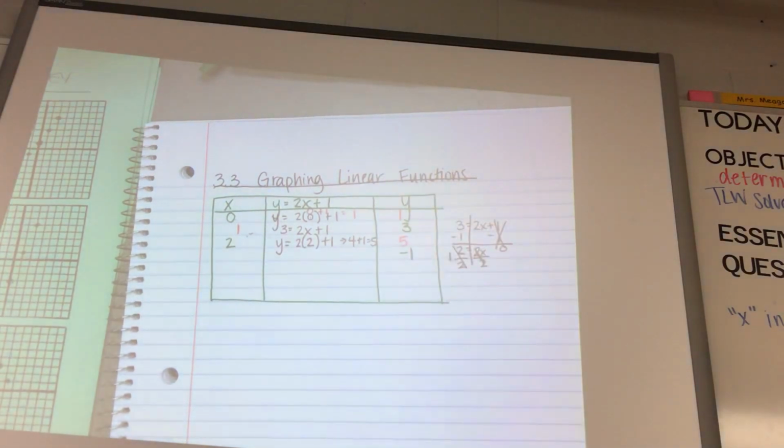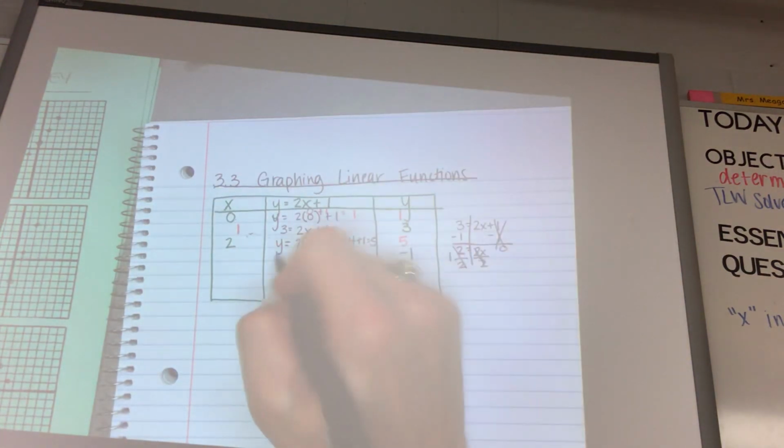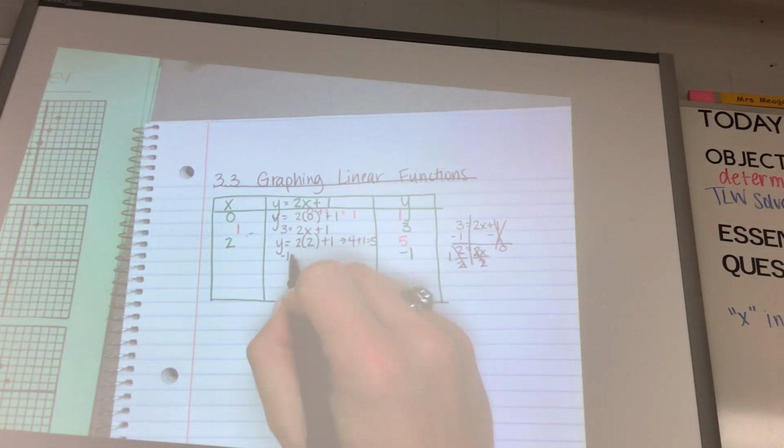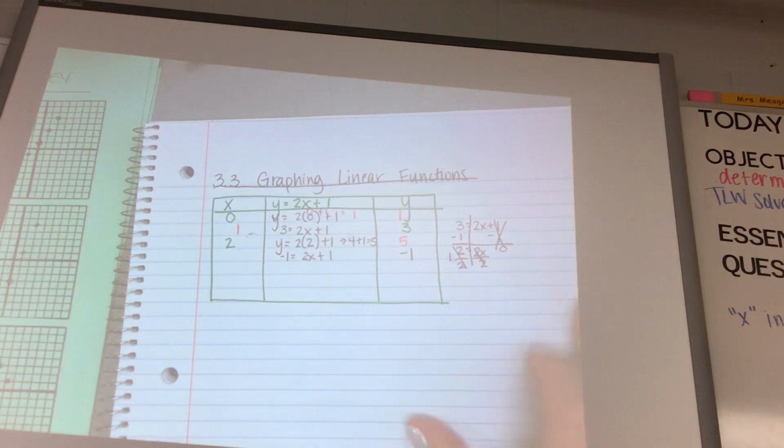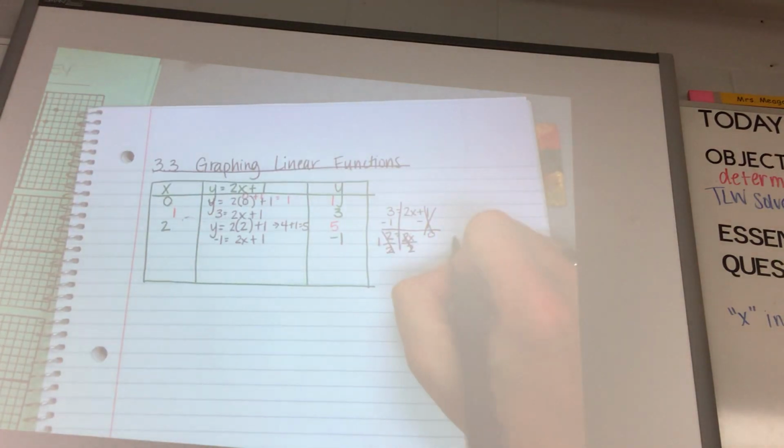And now we have one more, which is, they give us the y. Negative 1 equals 2x plus 1. So we're going to go over here again. Do the same thing as last time. Subtract 1 from each side. And this zeroes out.